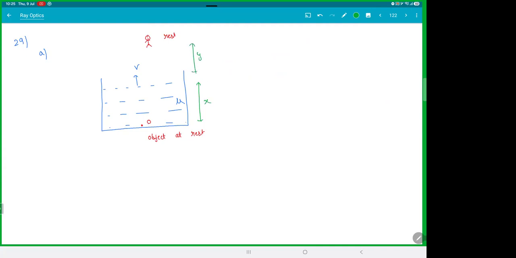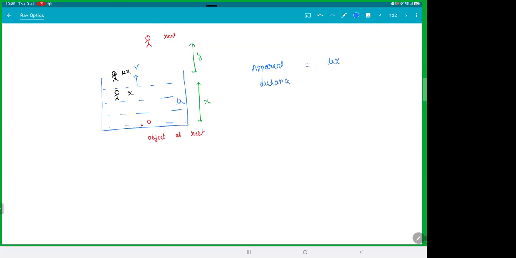If you ask this person, where is the object? What will he say? Remember, this is the observer. So let's ask this person here. He will say the object is at x. If you ask this person, he will say it is at mu x. So where will the observer see it? The apparent distance. The mistake here is people think only x is changing.